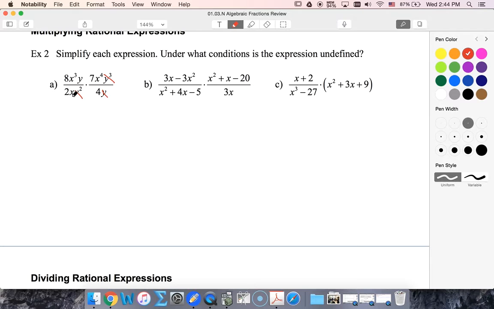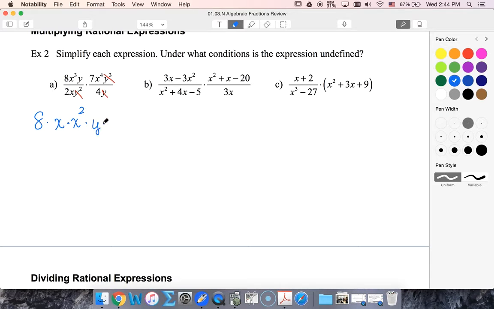x cubed divided by x, well, x cubed is the same as 8 times x squared times y times 7 times x to the 4th, divided by 2 times x times 4.